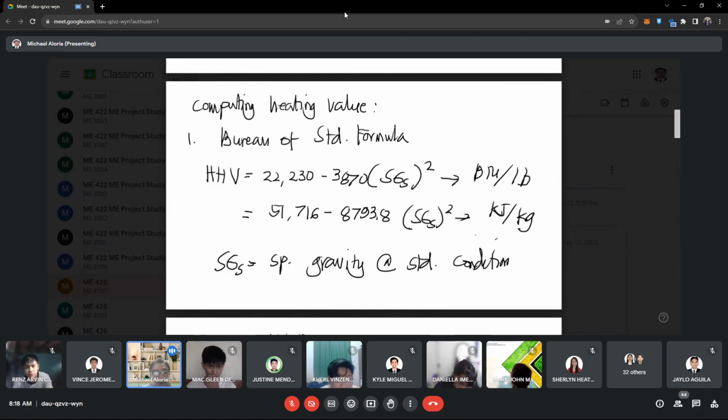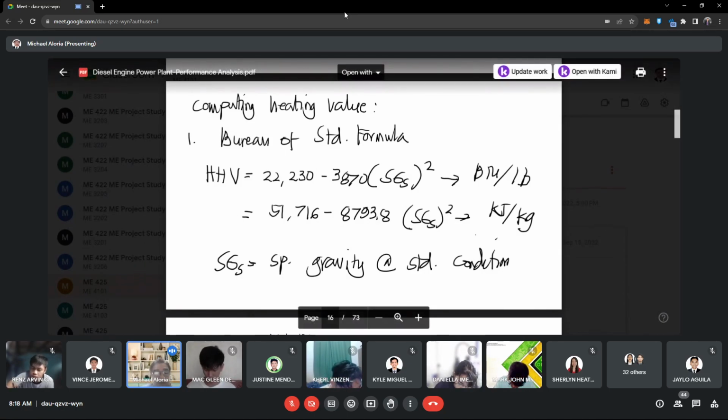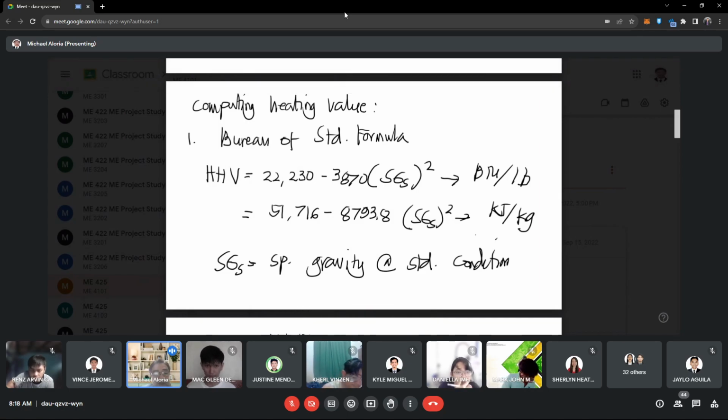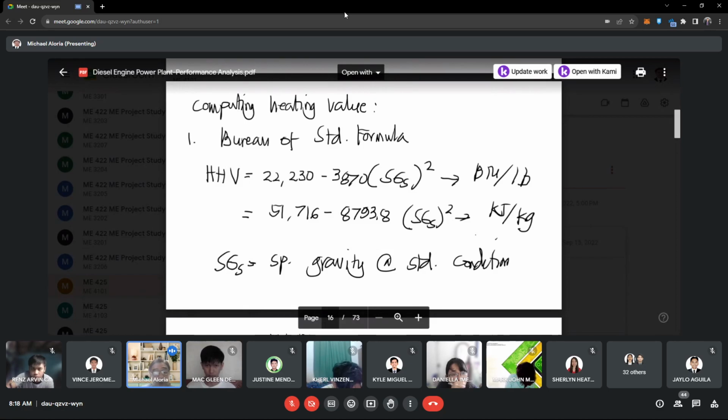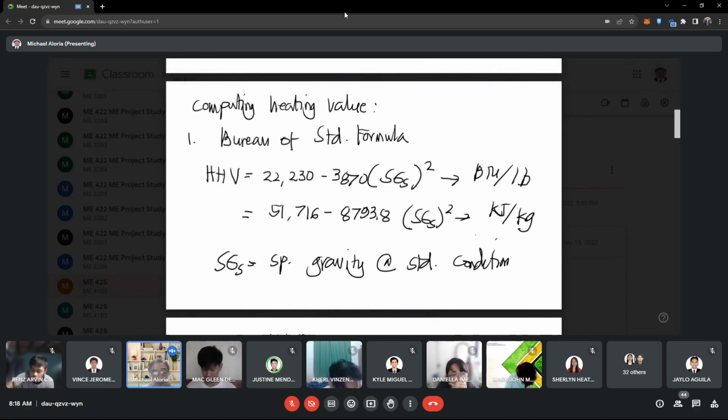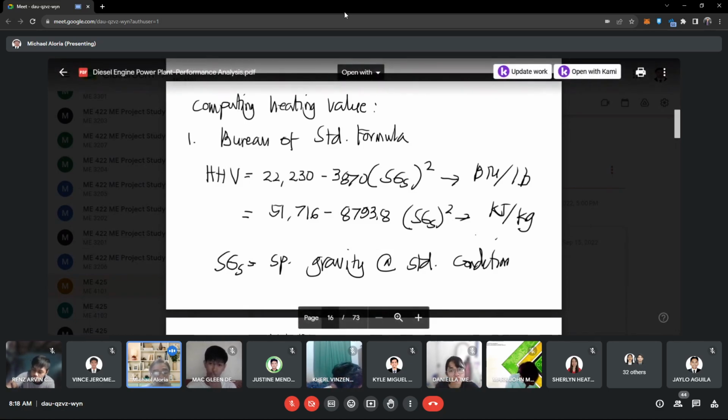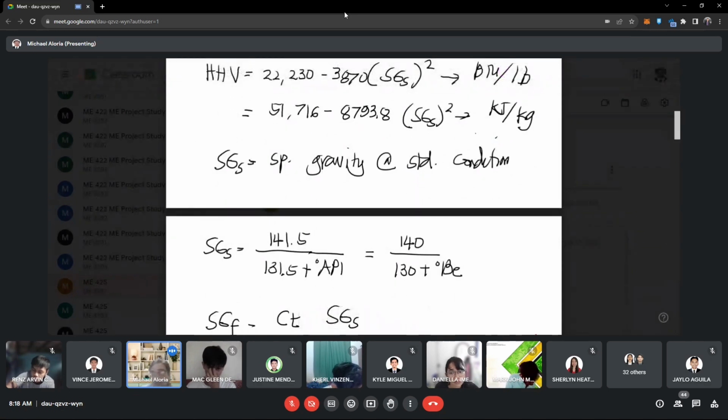However, if you are using SI units, you have your 51,716 minus 8793.8 SGS squared. This is simply kilojoules per kilogram. Okay? So, how can we measure your SGS? Paano ba natin i-measure yung ating specific gravity at the standard condition?